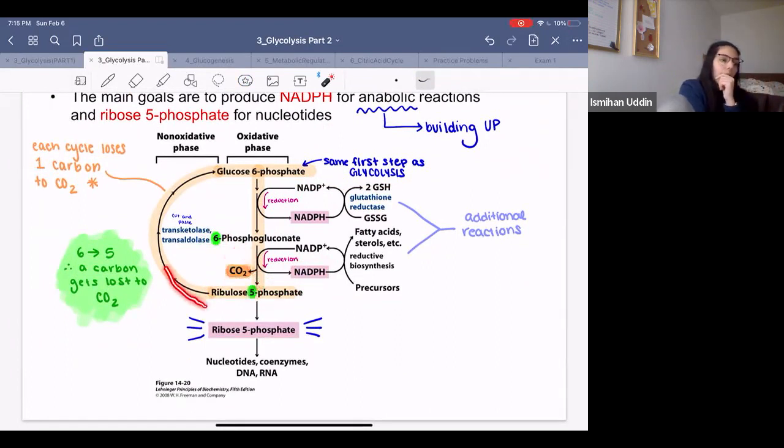We can now go back through a transketolase, transaldolase reaction. Transaldolase just rearranges it and adds another carbon. Then we have ribose 5-phosphate, which gets converted to nucleotide coenzymes, DNA, and RNA material. So if we're not making pyruvate through glycolysis, we can still use glucose to make nucleotide coenzymes, DNA, and RNA.